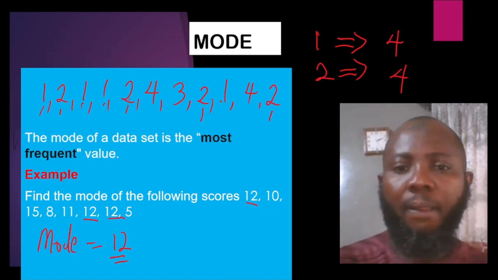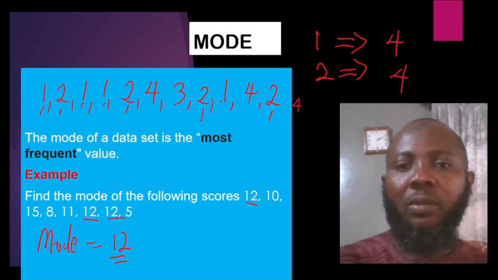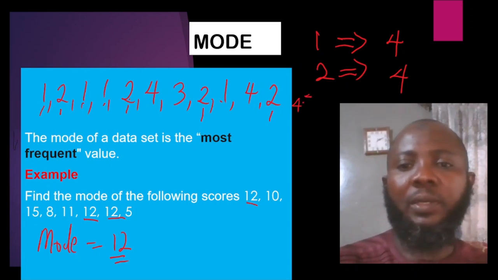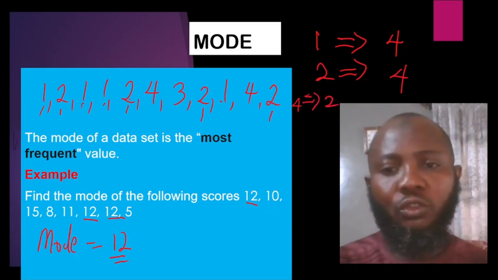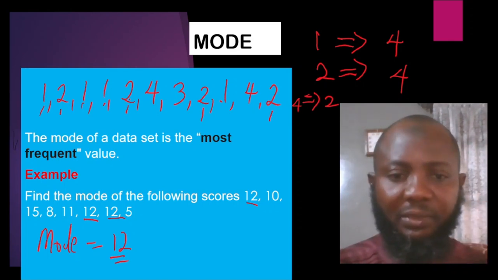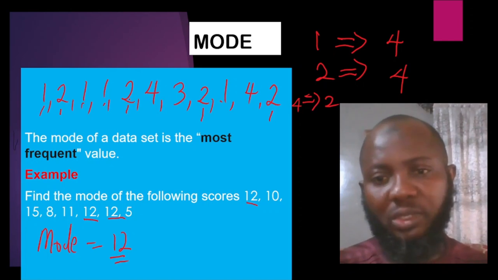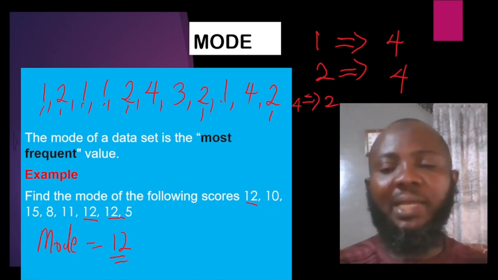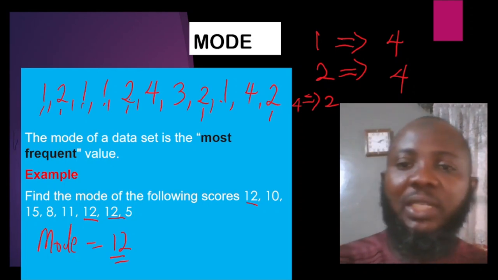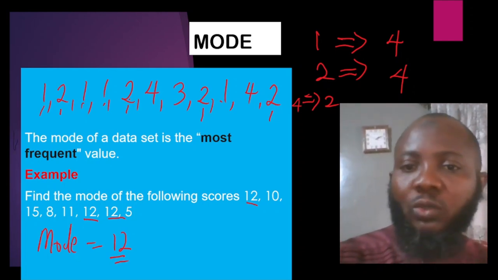Then 4, how many times does 4 appear? 4 appears 2 times. So the 2 numbers that appear 4 times have the highest frequency, they appear most, right? So which means that 2 numbers are the most. So in this case, the answer is 1 and 2.